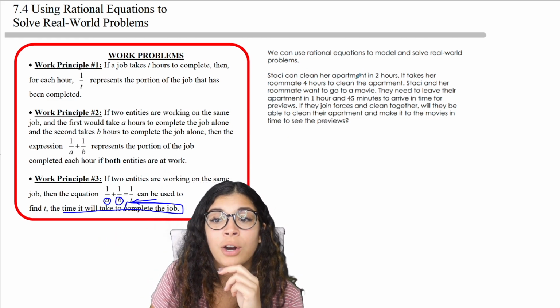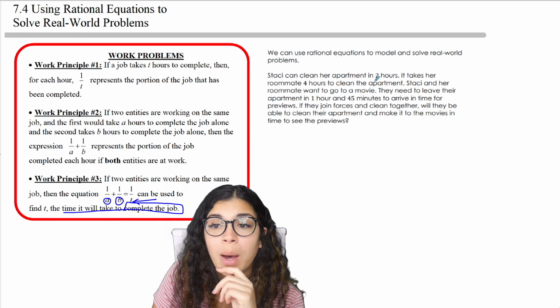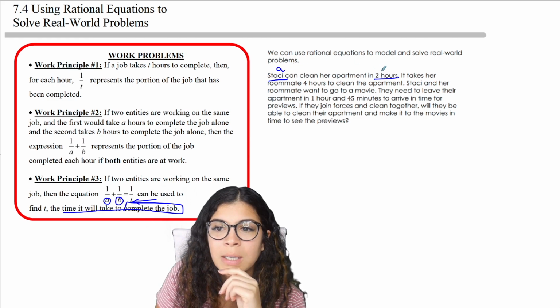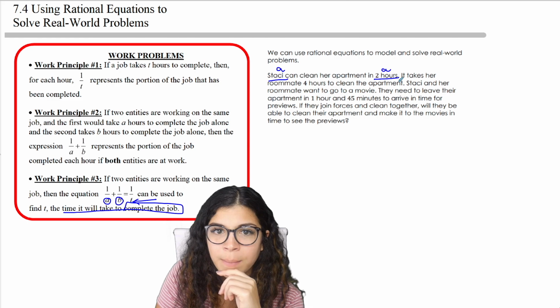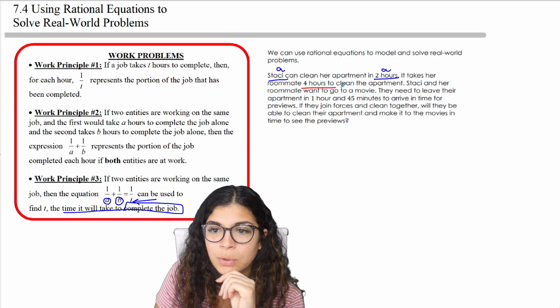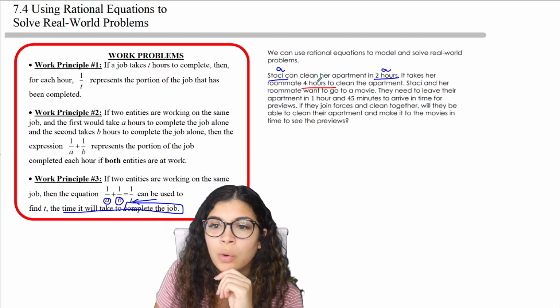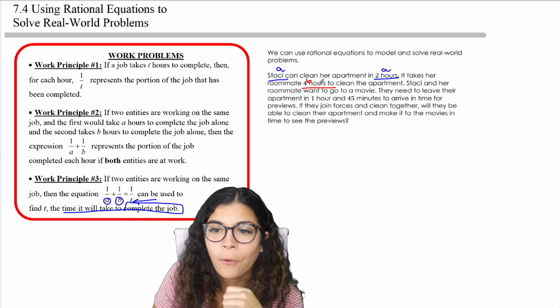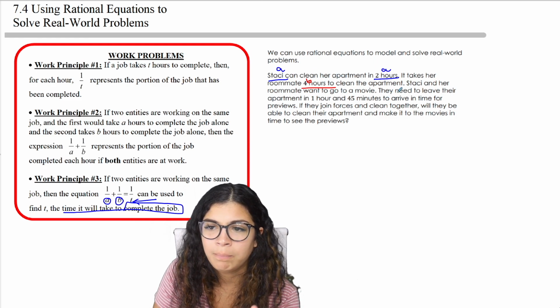Stacy can clean her apartment in 2 hours, okay? So Stacy, let's call her person A, she will take 2 hours to complete that job. Then it takes her roommate 4 hours to clean the apartment. So her roommate, let's call her person B, it takes her 4 hours to do that same job.